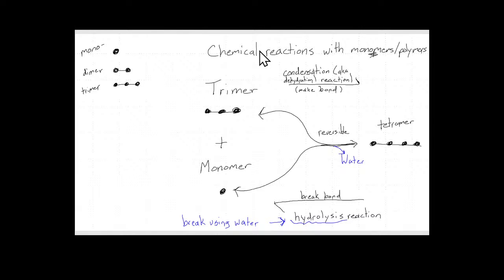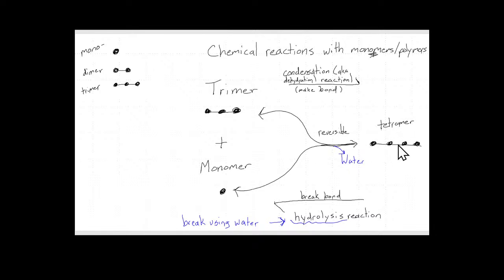So we want to talk about how you can go from having a bunch of monomers, single parts, to having a polymer. Here's an example. If we had a molecule that was currently a trimer and we wanted to add a monomer to it, we would add those 2 molecules together, and in a reaction that is reversible, we would move in the right direction following this arrow, and then we would end up with a tetramer.